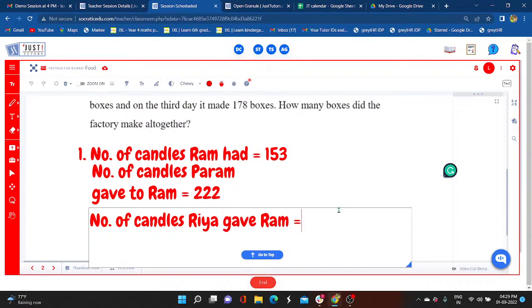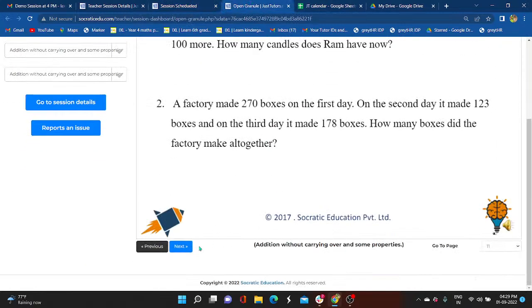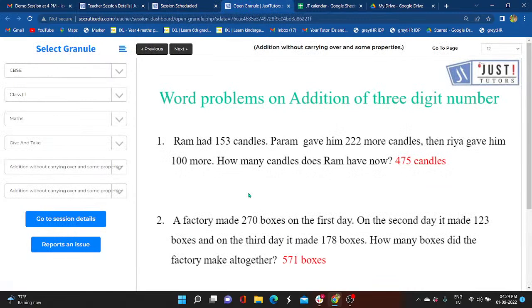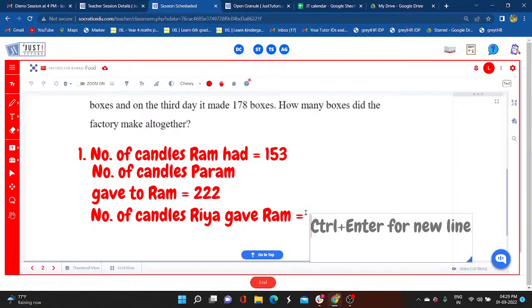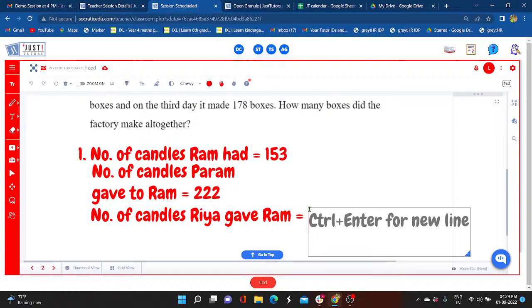How many candles did Riya give? 100. So I can mention 100.